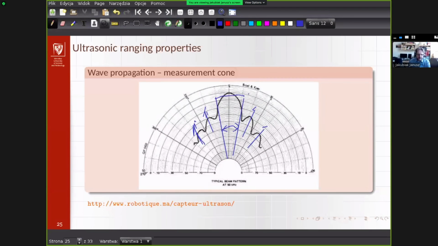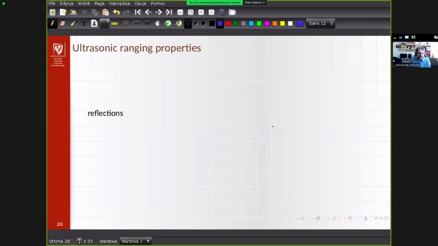There are some special solutions of how to shape the beam to make it more narrow or wider, just to somehow deal with this property of the sonar, and some problems that are related to it.